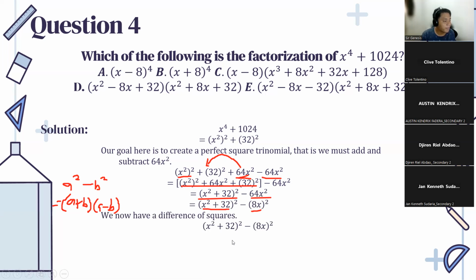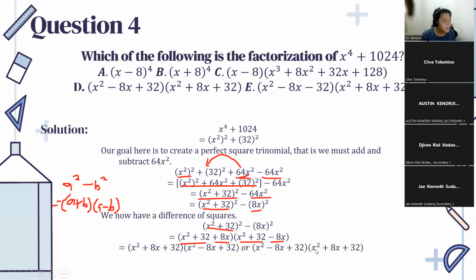We have x squared plus 32. So you can see x squared plus 32 plus x, and x squared plus 32 minus x. Now, arranging these two, we have x squared plus x plus 32 multiplied to x squared minus 8x plus 32, or x squared minus 8x plus 32 multiplied to x squared plus 8x plus 32.